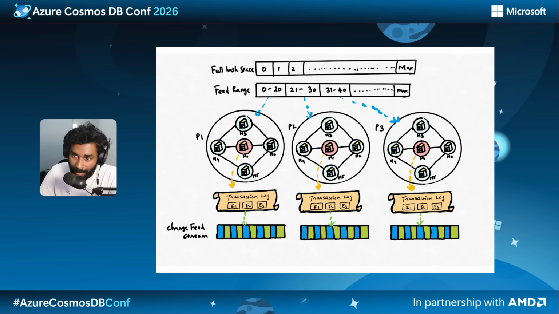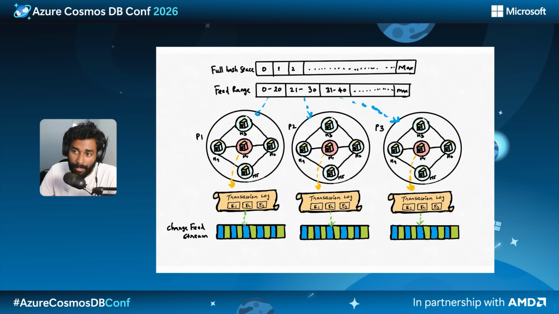But before we get there, I want to show you something interesting. Because if you look closely, a very similar pattern already exists inside Cosmos DB itself. And that pattern is called change feed. Earlier, we discussed how data is distributed across logical partitions, how partition keys are hashed, and how those hash ranges map to a particular physical partition.